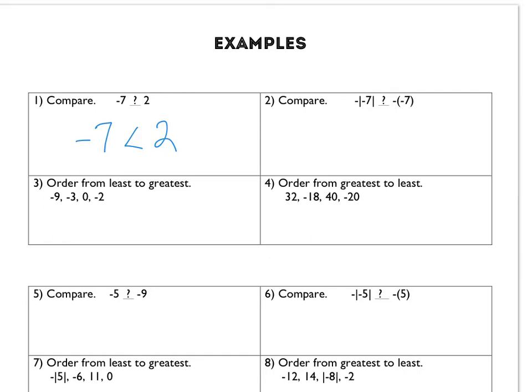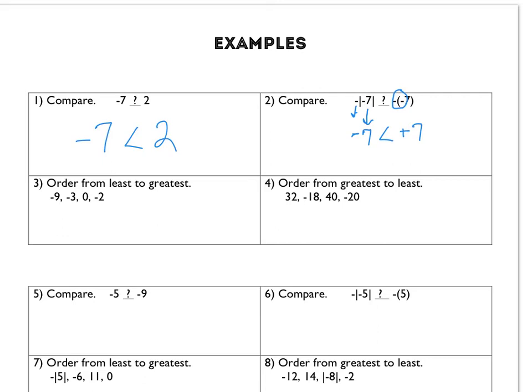So let's clean this up a little bit. We have the absolute value of -7 is 7, and then we have to bring this negative down as well. And over here, a negative of a negative is a positive. So this is going to be +7. So -7 is less than +7.